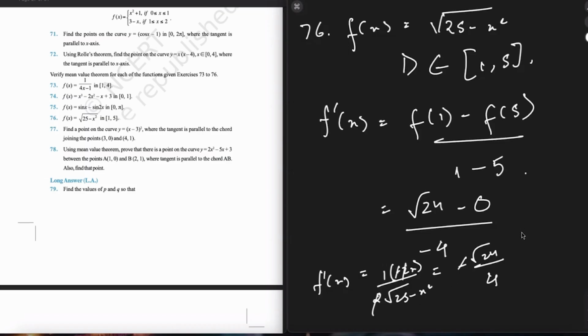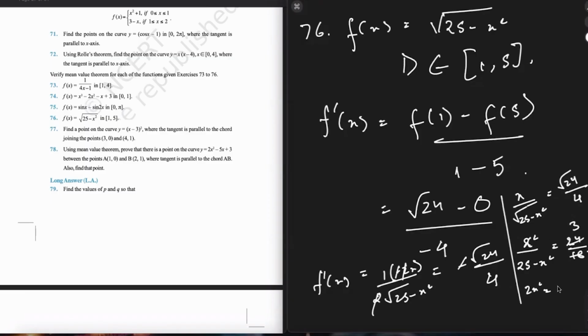So it is x upon under root 25 minus x square is equals to under root 24 by 4. Squaring it, x square upon 25 minus x square, 24 upon 16. 8 2s are 8, 3s are 16. So 2x square is equals to 75 minus 3x square. Now 5x square is equals to 75. 5 25, and x is equals to plus minus 5 will be your answer.